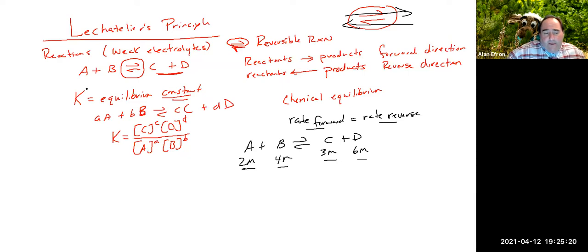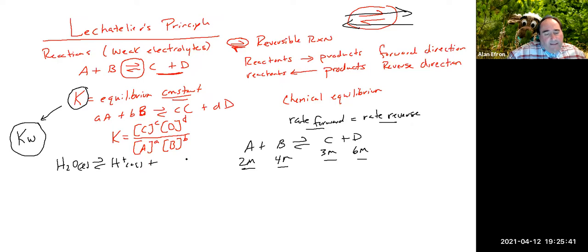Now, you might wonder, have we ever seen a K value? And we actually have in this chapter, the acid-base chapter, that Kw is an equilibrium constant value. And that's actually what that Kw value is. And that's because when you look at the reaction of water as it breaks apart into H plus and OH minus, you could write your equilibrium constant, which is your products divided by your reactants.